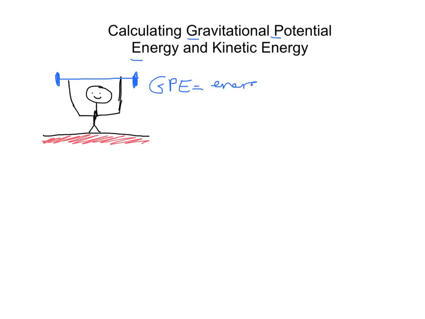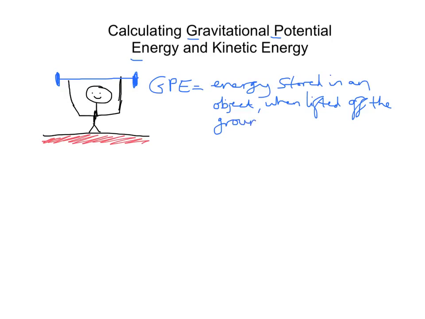So it's energy stored in an object when lifted off the ground. Now another classic example is to think of roller coasters, and that when you look at the car at the top, the peak of a roller coaster, you say that it's full of gravitational potential energy. Now we'll come on to kinetic, but we'll just deal with this one first.